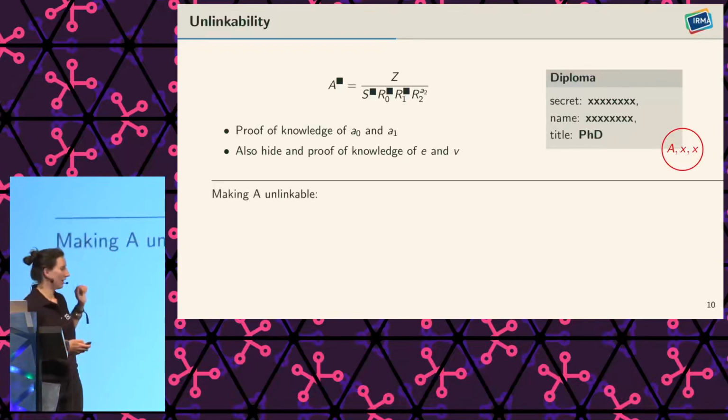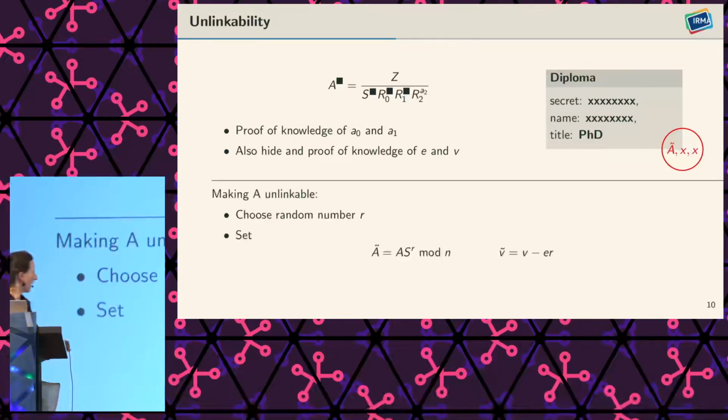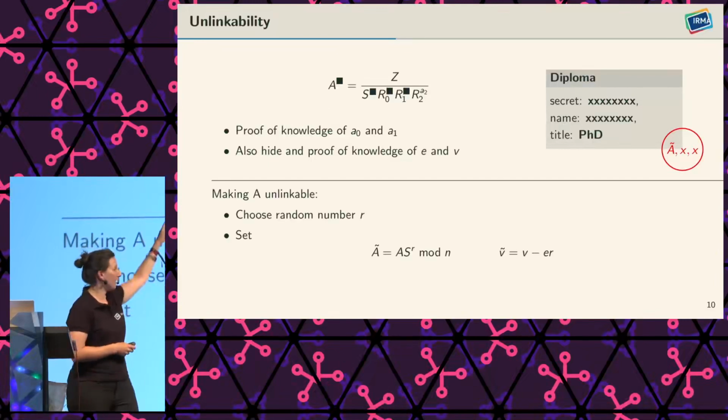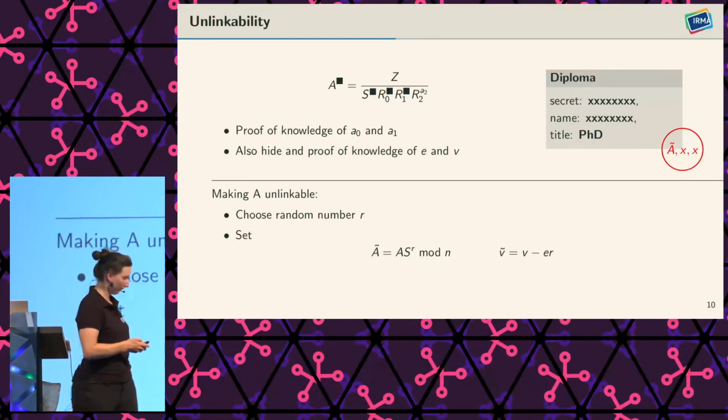We make A unlinkable by choosing a random number R, and then we define what we will replace A with. We will replace A by A tilde, which we define as A times s to the power of R modulus n. And on the right-hand side, we replace V with V tilde, which is defined as V minus ER.